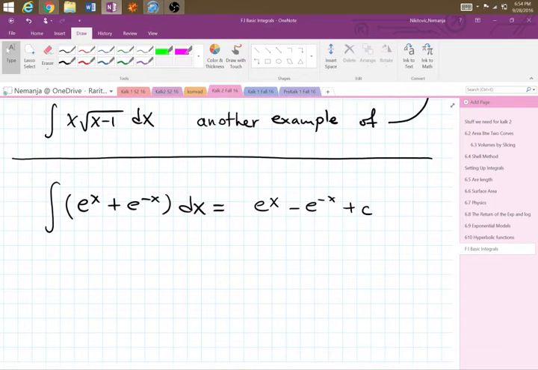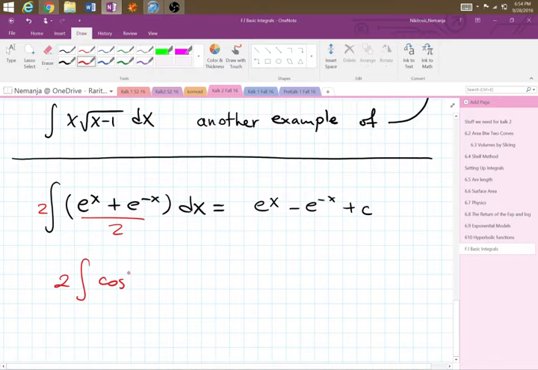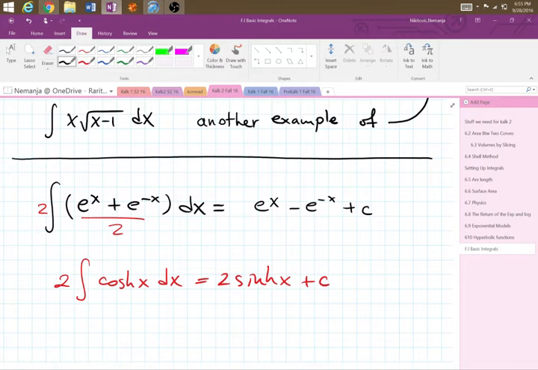You know from 6.10 that this thing over here divided by 2 is cosine hyperbolic, right? It's missing the over 2, so here. So now it becomes 2 integral of cosine hyperbolic x dx, which is 2 sine hyperbolic x plus c. Just to be fancy, all right? Absolutely no other reason.